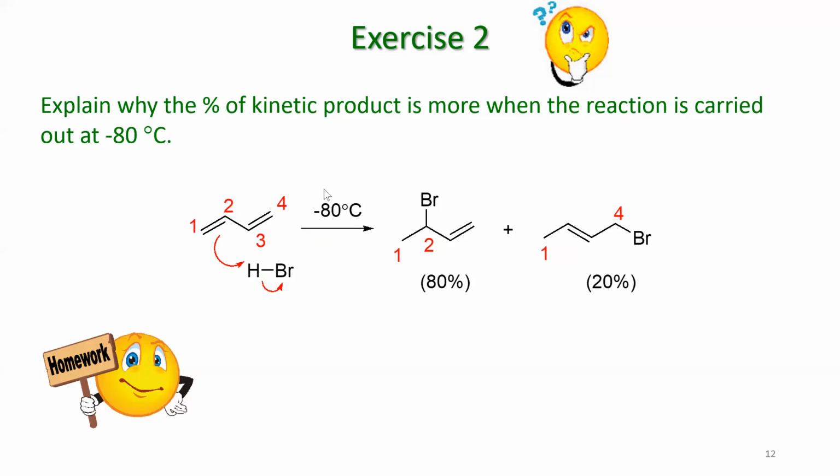Now, at a lower temperature, you don't have enough energy to overcome the activation energy of this 1,4. You saw the 1,4 product has the intermediate, transition state and needed higher energy, so this temperature is not enough to overcome that barrier. So the kinetic product is more in that case and the thermodynamic product is less. So partly correct, right? Okay, someone has put the answer in the chat. It is correct, right?